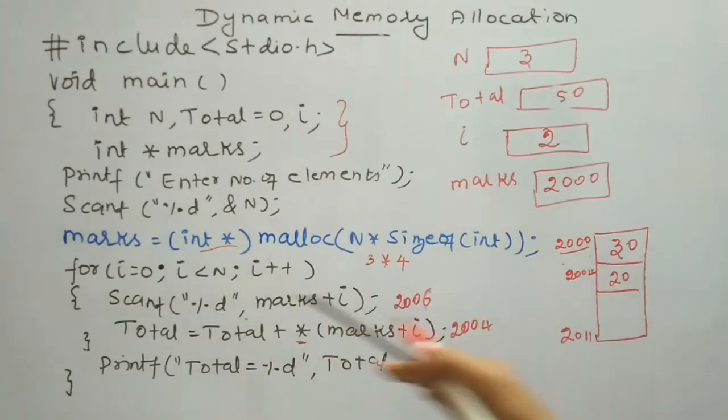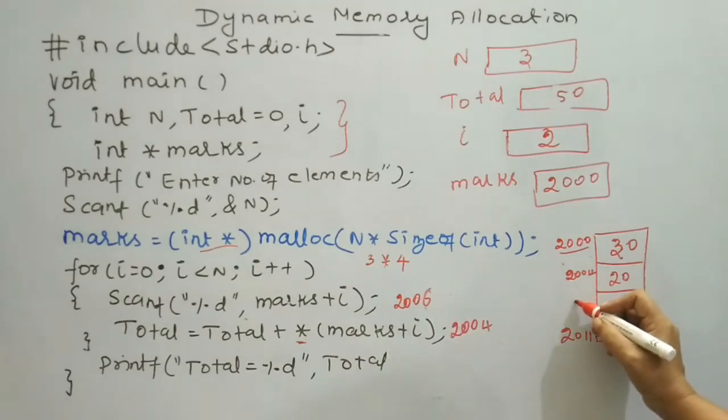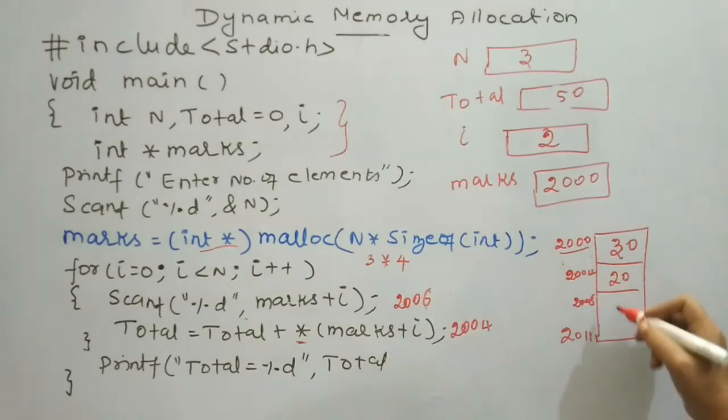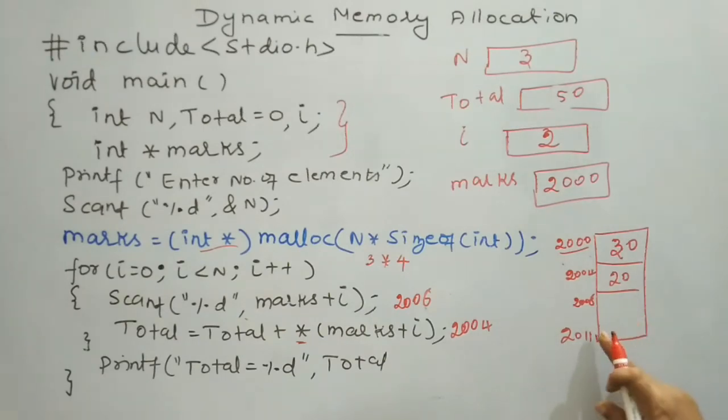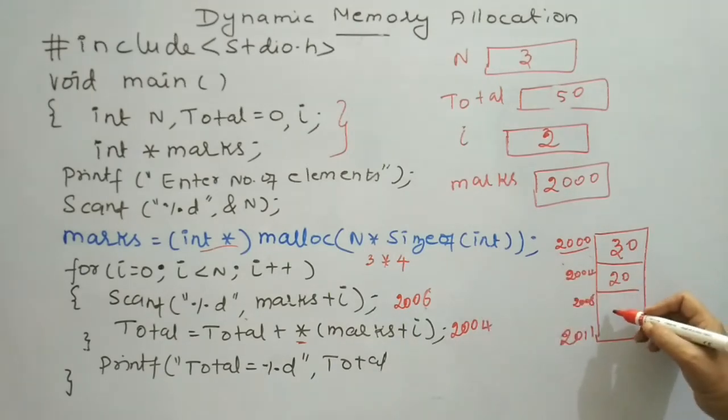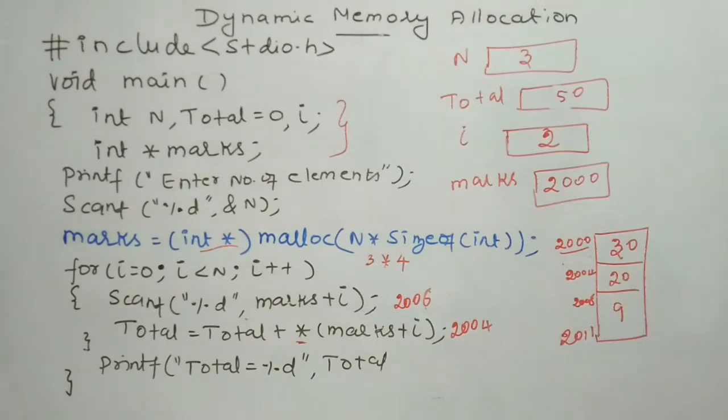So get an integer value and assign it in the memory address starting from 2008 to 2011. If I get the integer value 9, the 9 is assigned to this memory address.